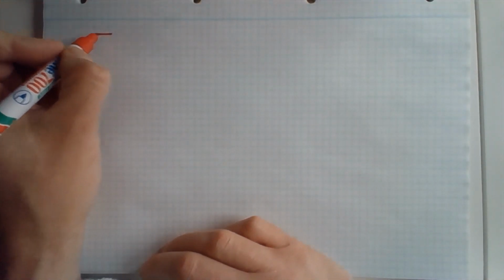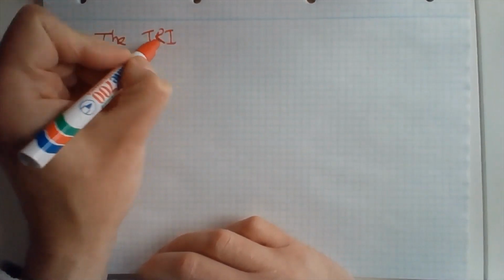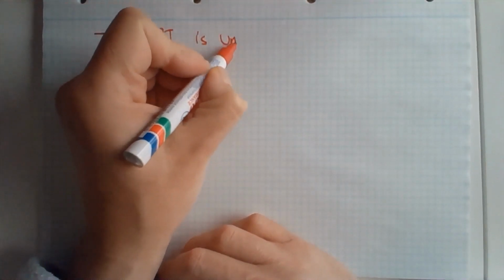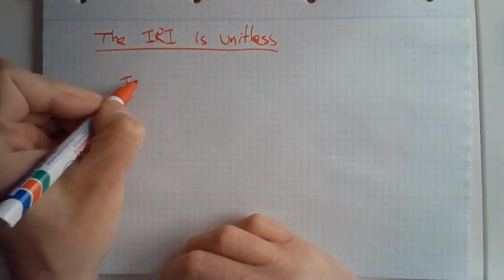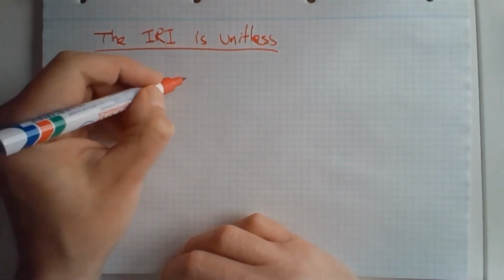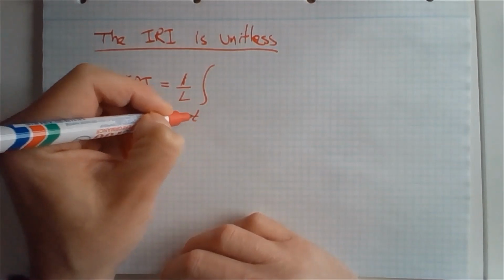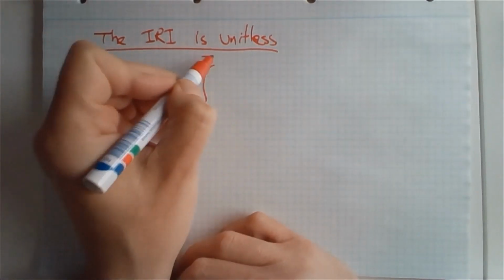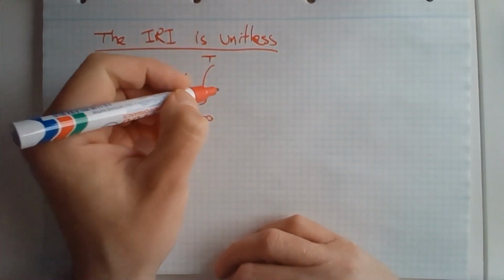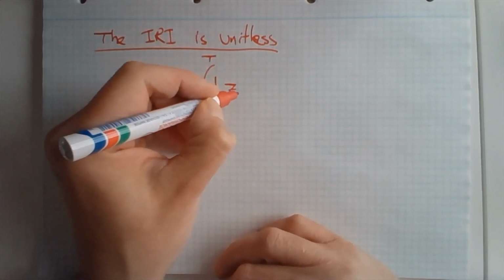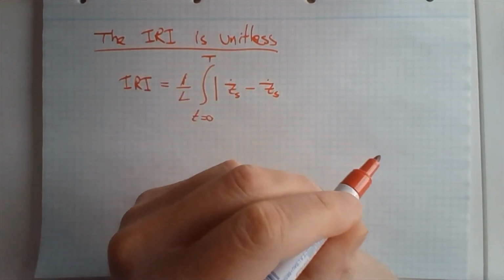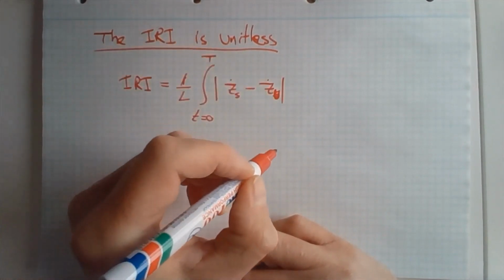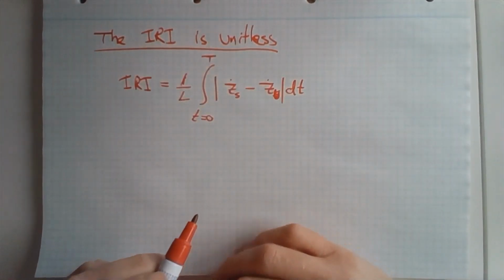As a reminder, the IRI is unitless, and IRI is equal to 1 over L times the integration over time of the sprung mass movement speed minus the speed of the unsprung mass in absolute terms, integrated with respect to time.